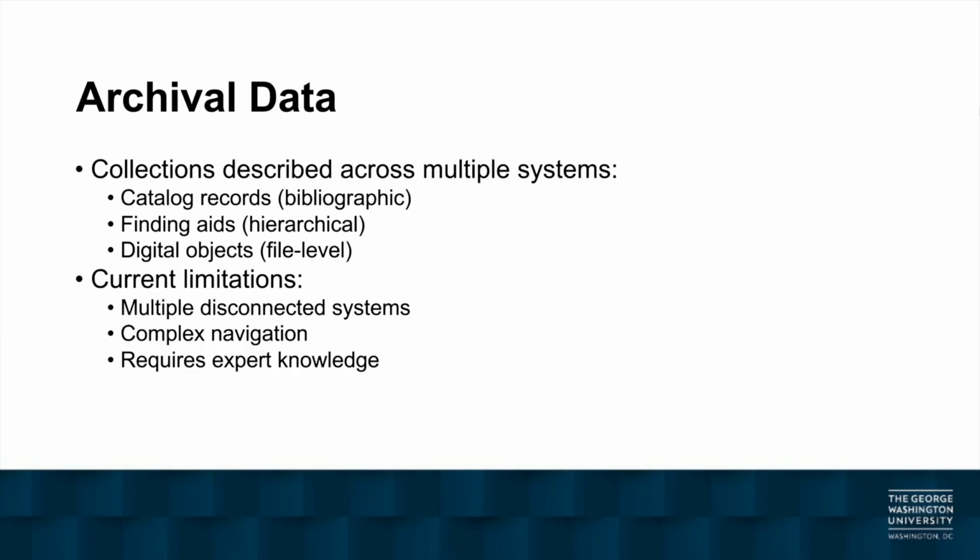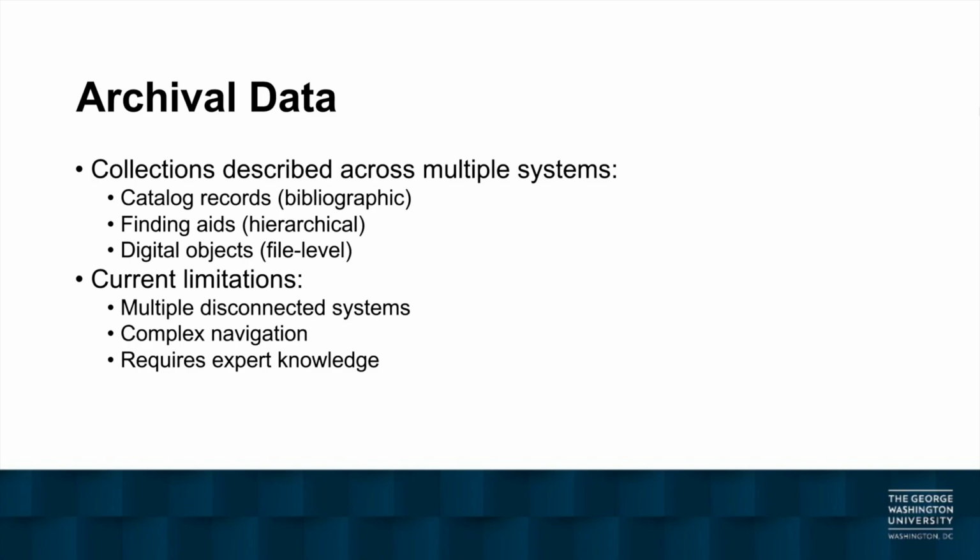We're going to go over some stuff here that everyone, I think, already knows, but I think it's still helpful for setting the scene. So archival data. When you have an archival collection, we all know it typically exists in multiple forms, or is represented in multiple ways.